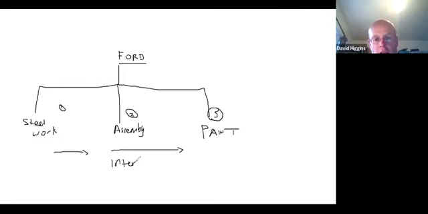It is intermediate in the sense that the product is not fully finished. When I go to a car showroom, I don't want to buy the car chassis. I don't want to have to take the chassis home and put the gearbox in myself and the tires and paint the car. I don't have the ability to do that. It makes sense for me to buy the finished product, which is the car.